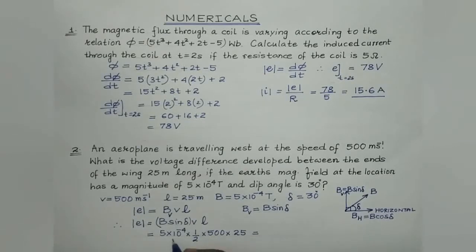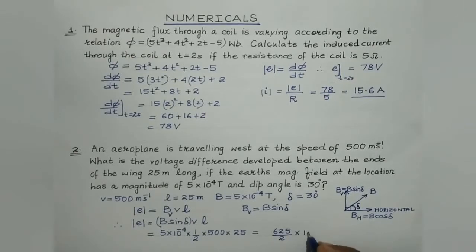So let's try to solve it, right? 25 into 25 will give us 625. Look, 5 into 5 will give us 25, and then 625 divided by 2, multiplied by 10 to the power minus 4 and 10 to the power 2. So we'll be left with 10 raised to the power minus 2, right?